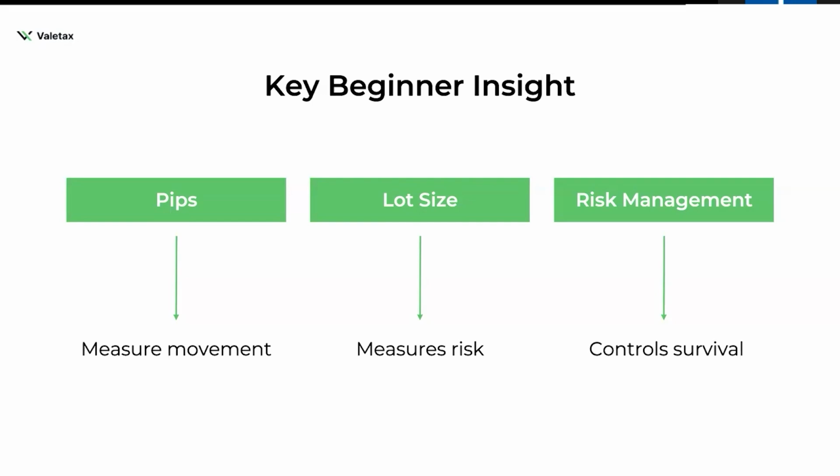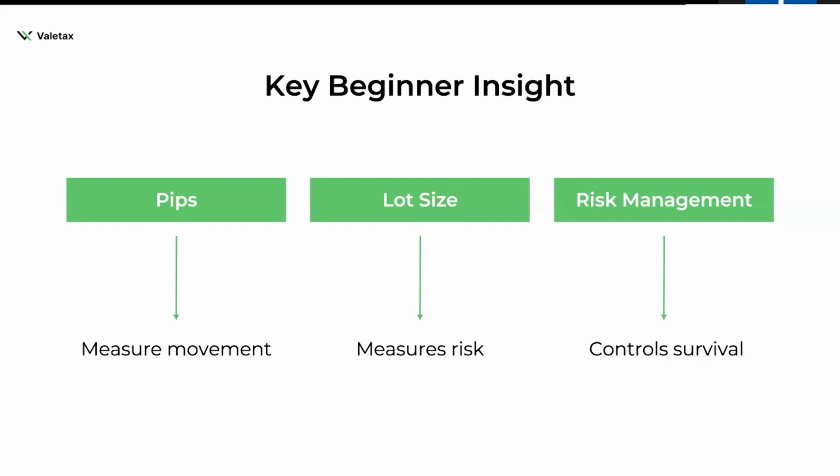So the higher the pips, the higher the multiplication that calculates your risk and your possible profit target. You don't choose lot sizes because you feel confident. You choose it based on your risk management rules. So it means that you need to understand what the total risk is, and then you choose a lot size that matches what amount of capital you're willing to risk from your overall trading capital.